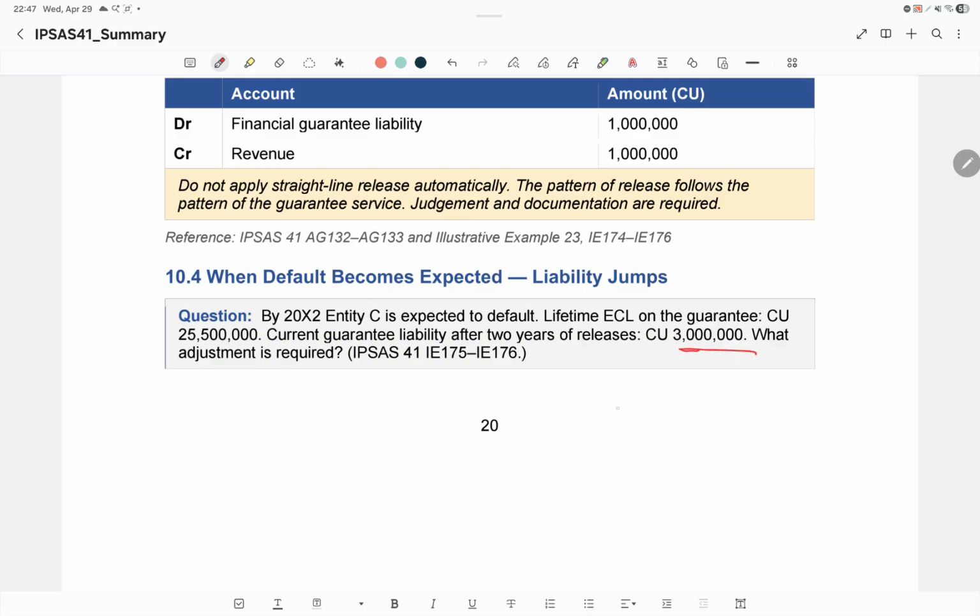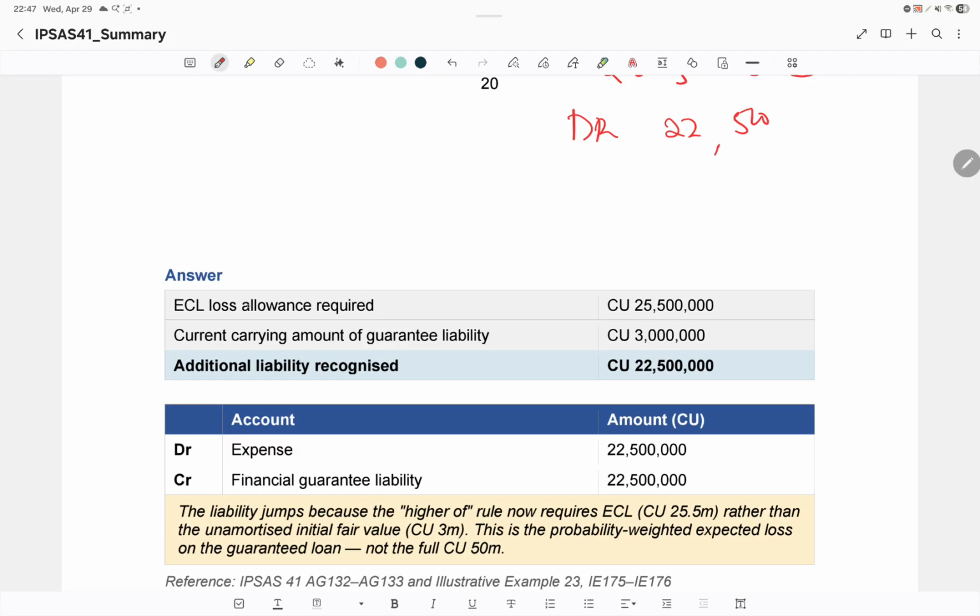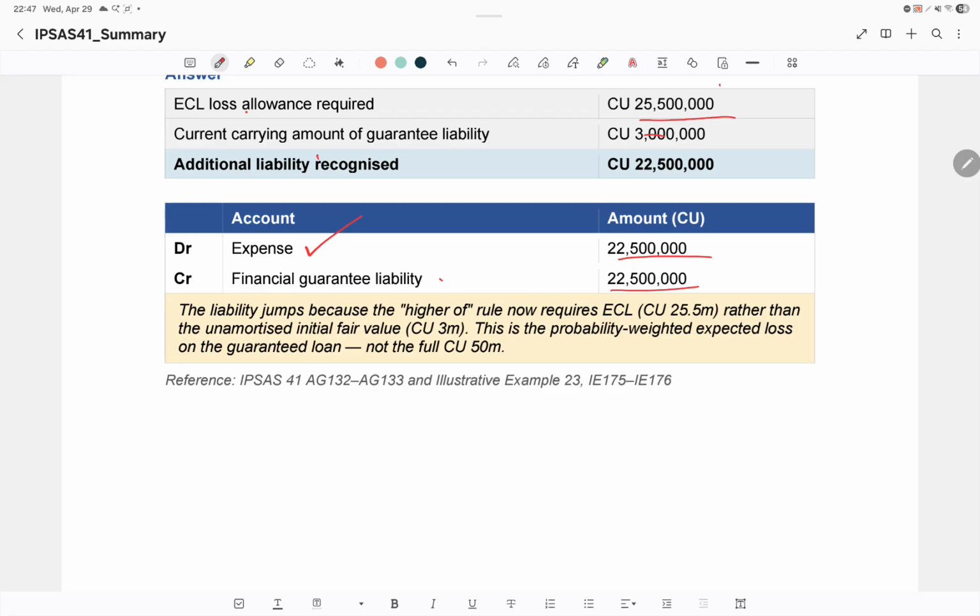We say the higher of the two, 25,500, is the new one, but the expense you will debit is 22,500 because it's just the increase. So the ECL loss allowance required is 25,500. You take the higher of the two, but what you debit is expense 22,500, financial liability with that amount. The liability jumps because of the higher of.